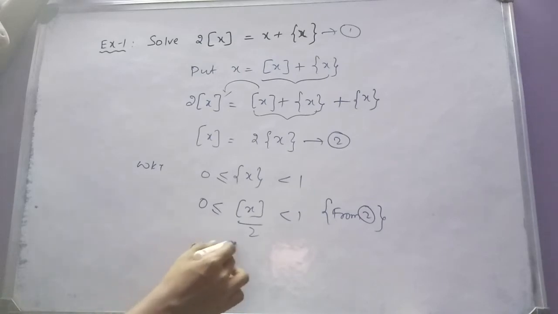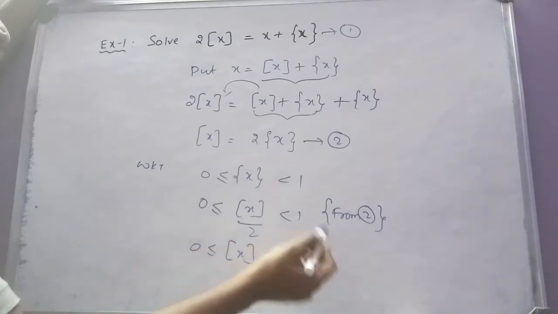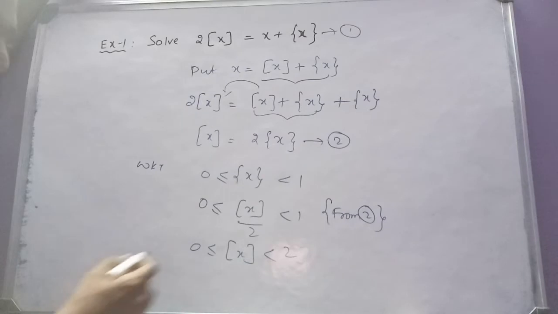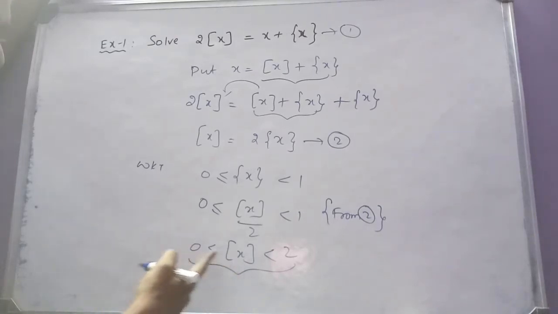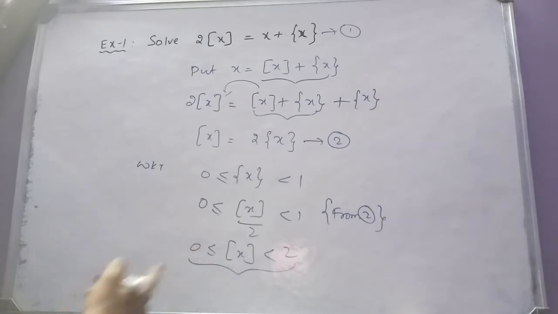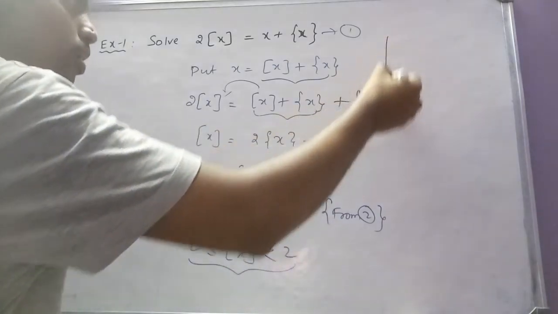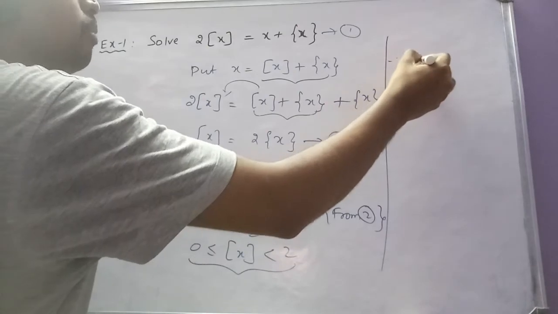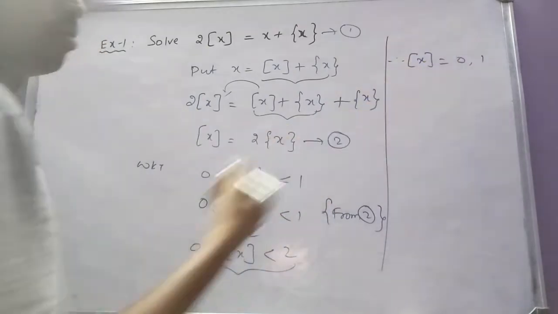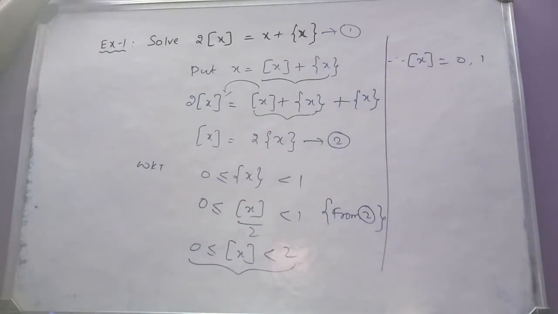You get 0 less than or equal to floor of x less than 2. Now you consider those values of floor of x in this interval. So what are the possible values of floor of x? It can be equal to 0 or it can be equal to 1 in this interval. Therefore, floor of x is equal to 0, 1. These are the two possibilities.